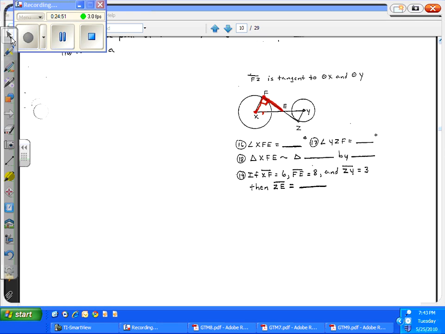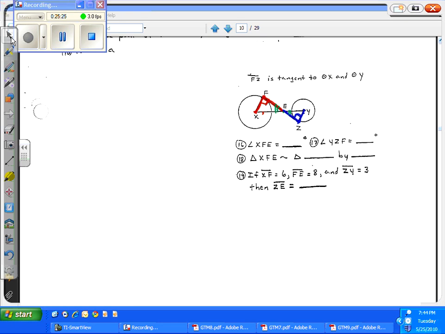A radius drawn to a point of tangency is perpendicular to the tangent line at that point of tangency. Same thing over here. YZ is a radius drawn to a point of tangency. Therefore, it's perpendicular to the tangent line at the point of tangency. Therefore, that's a right angle. So those angles are equal because they're both right angles.